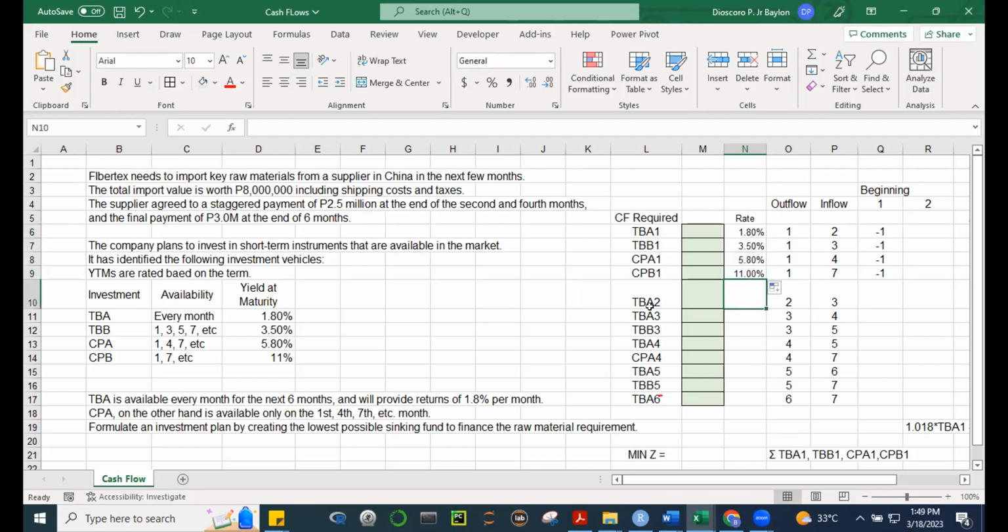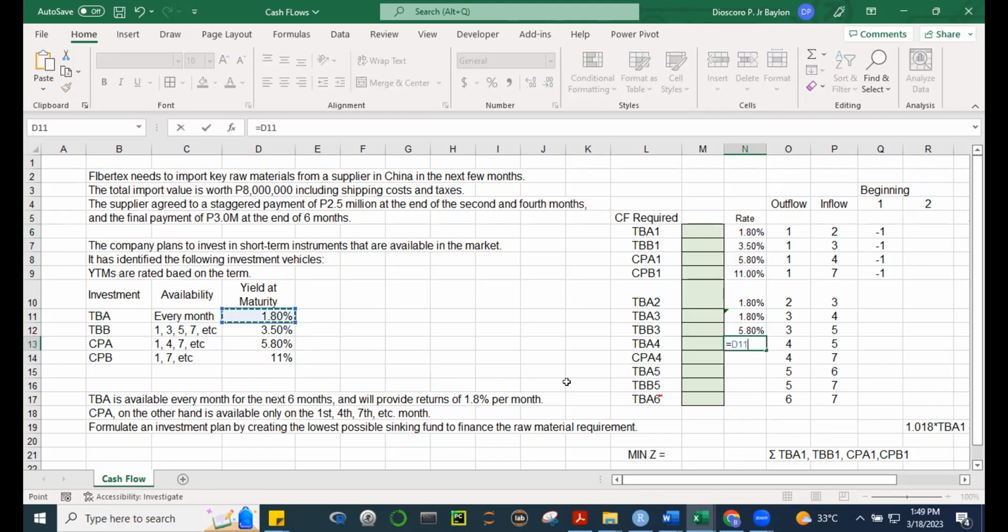And then all the TBAs have 1.8%. TBB is 3.5%. TBA is 1.8%. CPA is 5.8%.